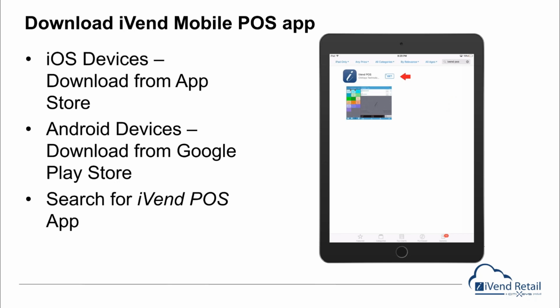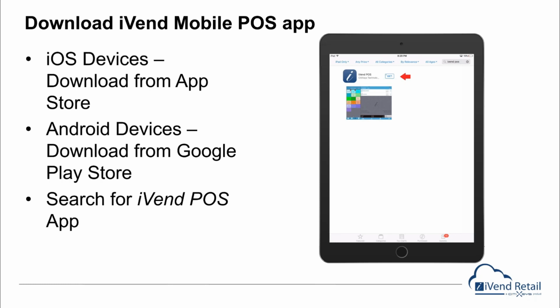Okay, so first of all, when you are going to start working with the mobile POS, you have to make sure that you download the iVend Mobile POS app from either the App Store if your device is an iOS device, an Apple device, or from the Google Play Store if you are working with an Android device.